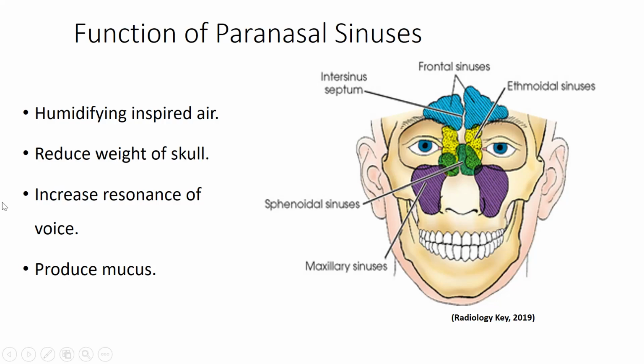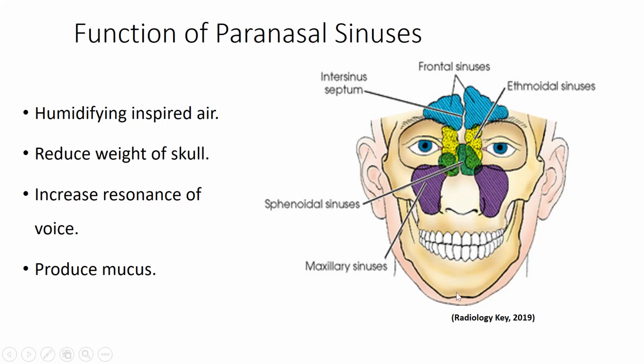They will help to increase the resonance of voice, and as they are cavities lined with pseudostratified ciliated epithelium containing goblet cells, they will produce mucus, and also as they have this cilia, they will move the mucus through the sinus and into the nose.